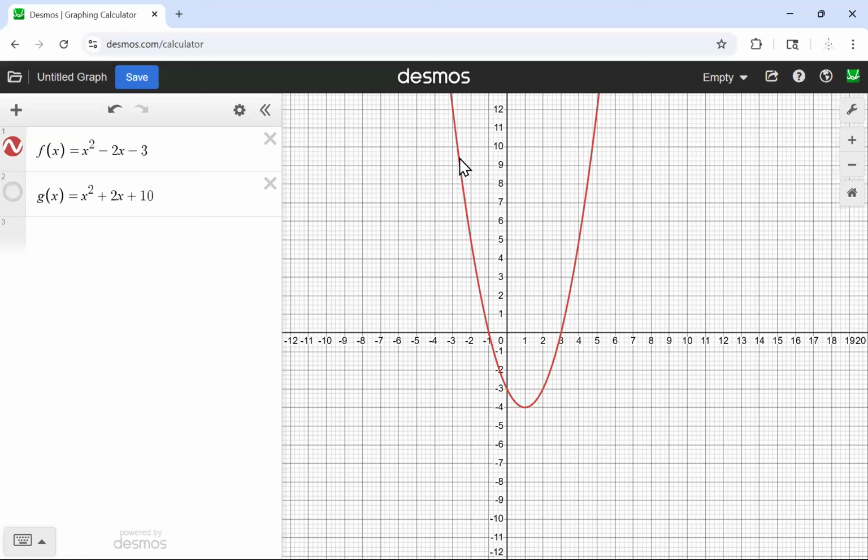Here's the graph in red of f of x is equal to x squared minus 2x minus 3. We can see that it is continuous. There's no place where there's a jump in the graph, so we can draw it in a single motion without lifting our pen.